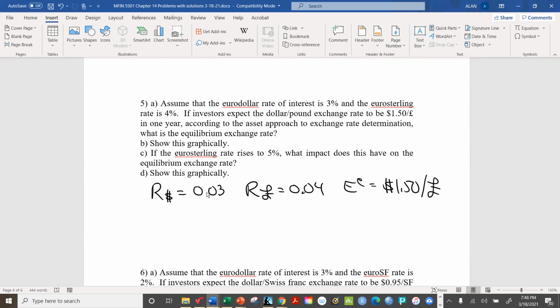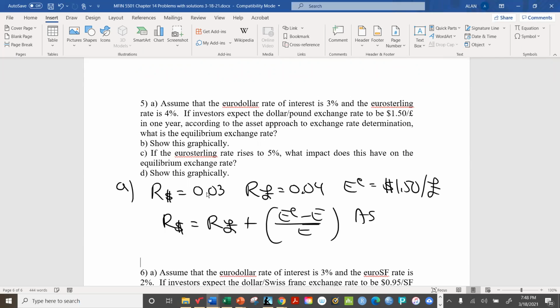So you might recall that this basic model that we're starting out with is this one. All right, that's the basic asset market approach.